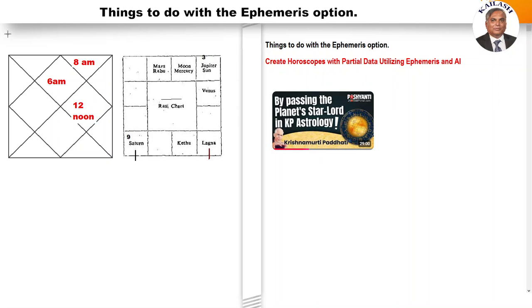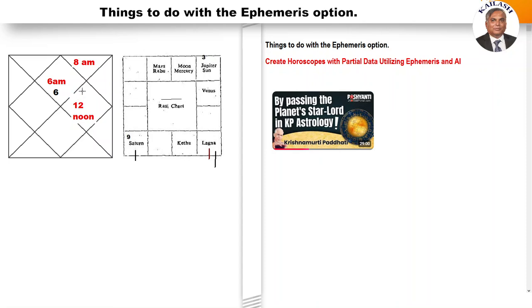And since the ascendant, as you can see, this is the ascendant, which is Virgo. So the Virgo is the ascendant and the sun is in Gemini.